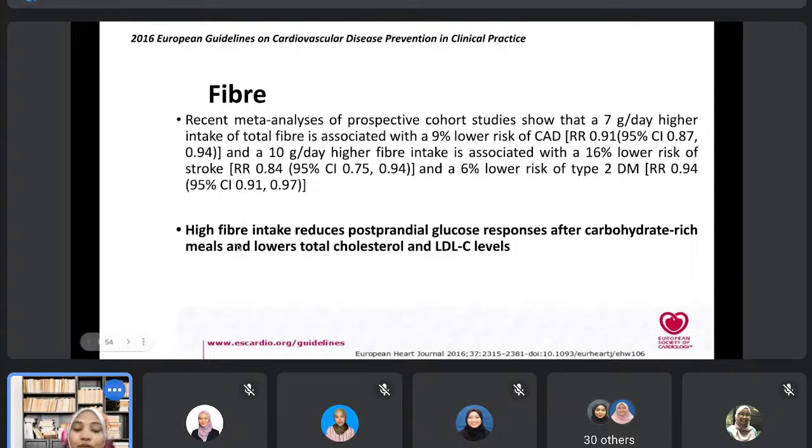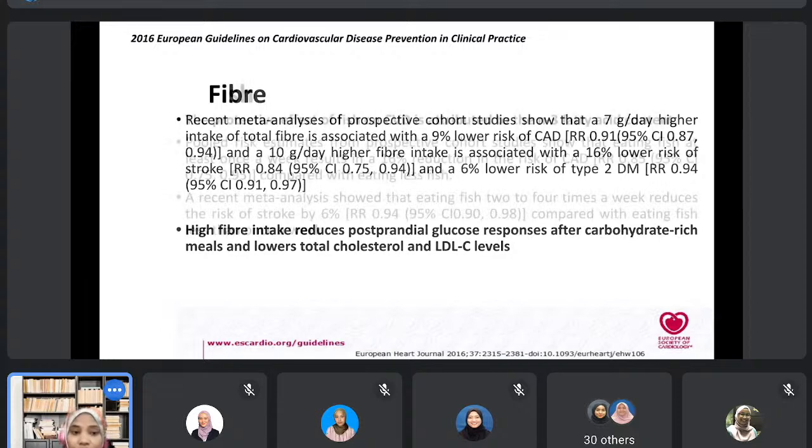So, as a conclusion, high fiber intake reduces postprandial glucose response after carbohydrate-rich meals and will lower the total cholesterol and LDL-C levels.